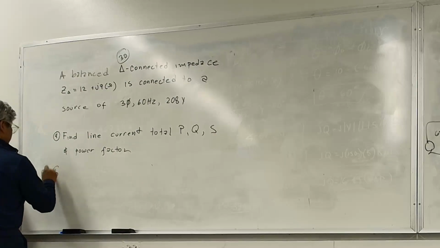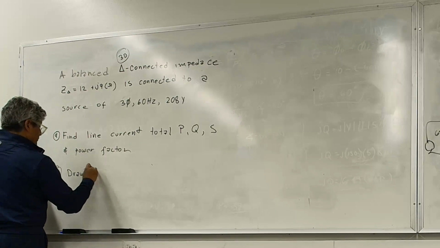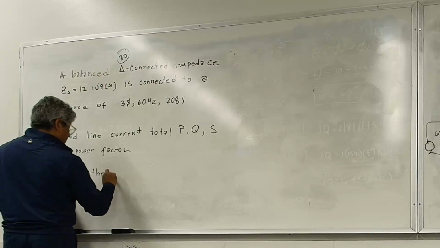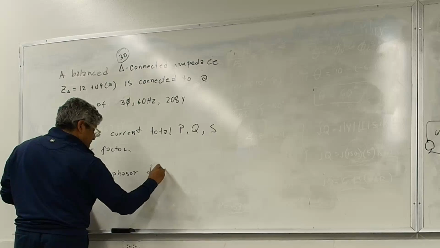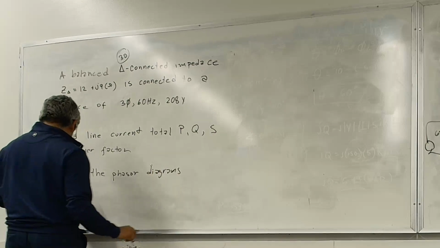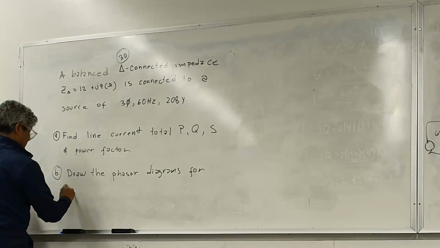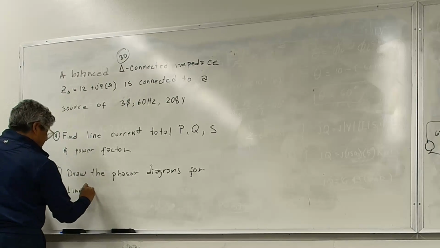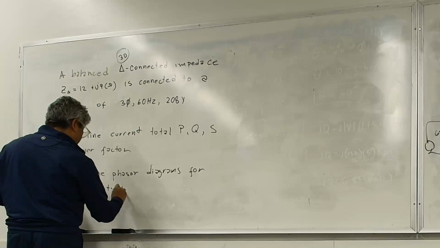And then B, they're asking us to draw the phasor diagram for line currents, load currents.